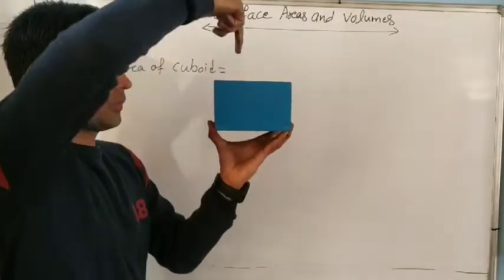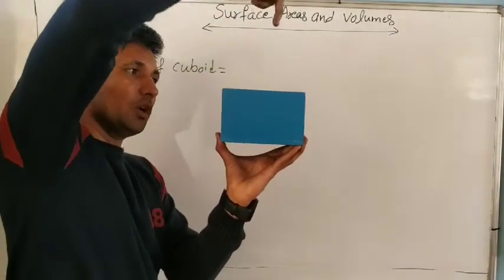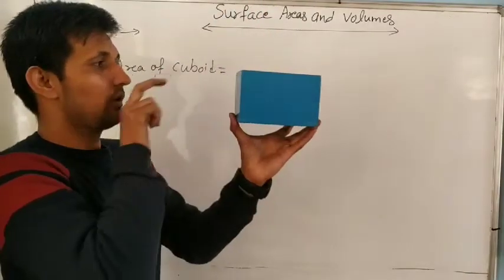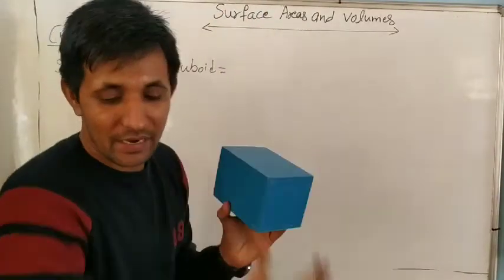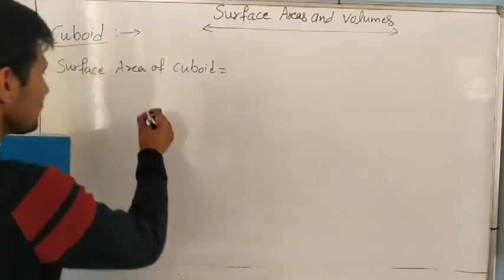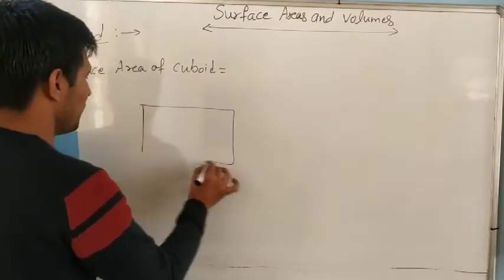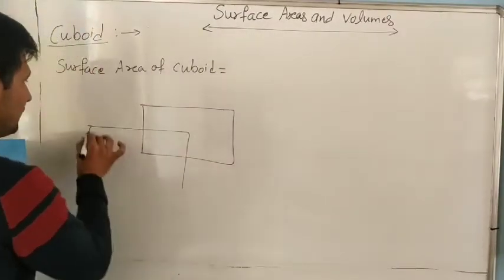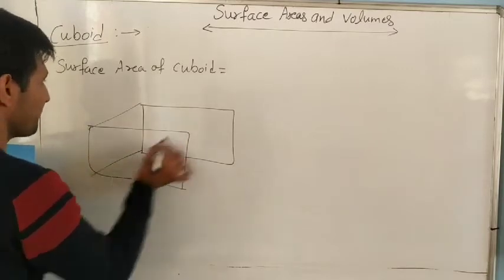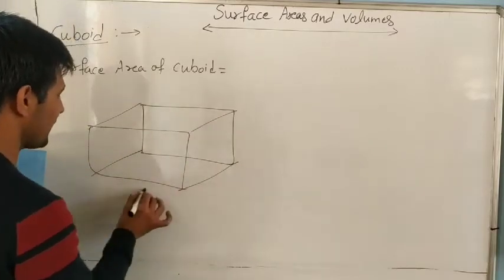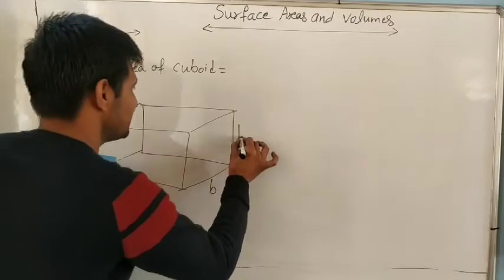One is the back side. 2, 3, 4, 5, and 6. And everyone knows in a cuboid there is length, breadth, and height.